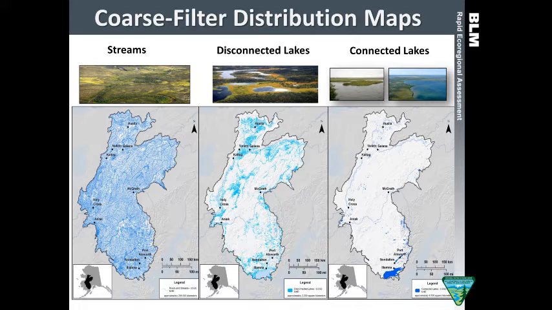So the aquatic coarse filter CEs were all identified up front early on in the REA process as a data gap, and the main reason for that was that we lacked an aquatic habitat classification map for the study area. Our next best data source for just identifying where these water bodies are is the NHD, the National Hydrography Data Set, and that data set has its own sets of limitations.